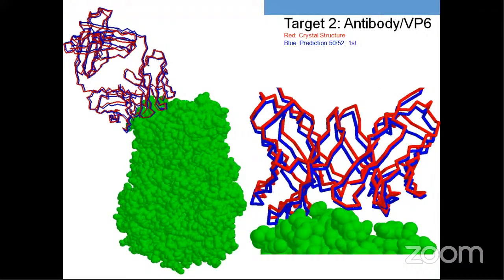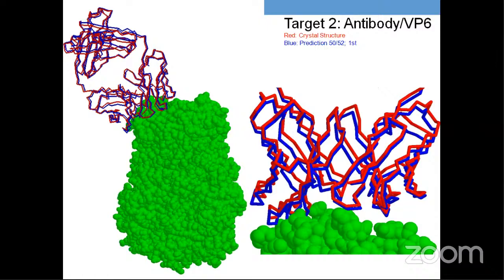See, these are a couple of examples of the docking. Here the red one is the crystal structure and the blue one is the docked complex.